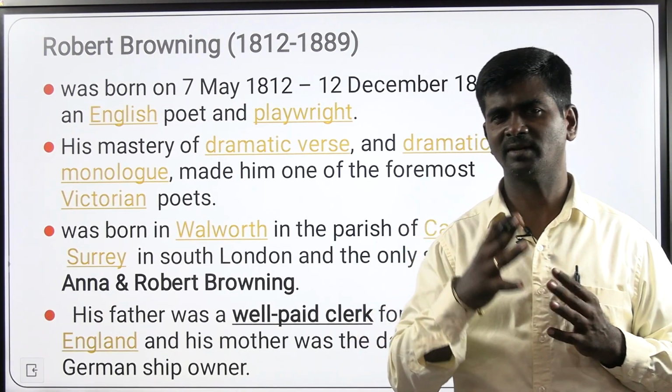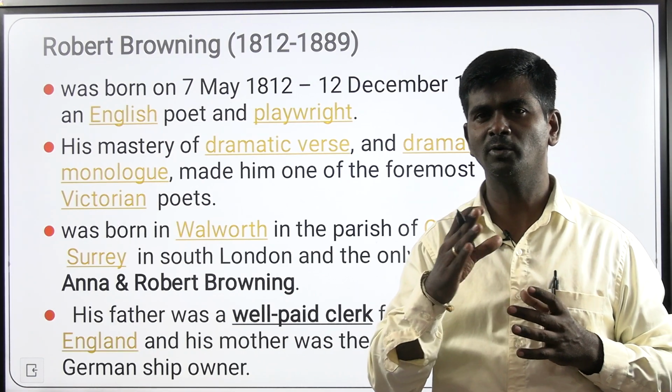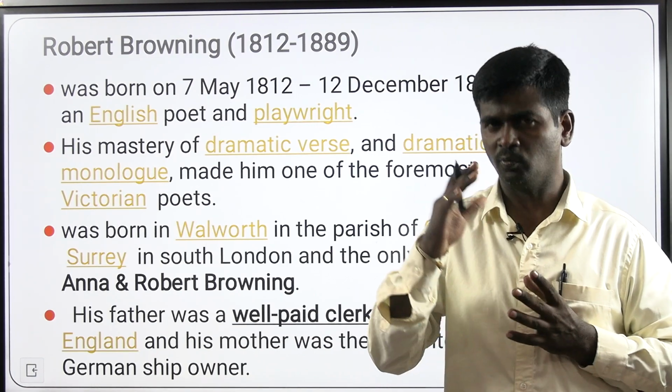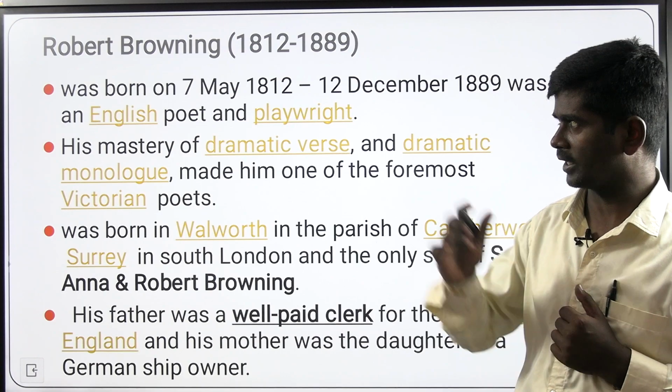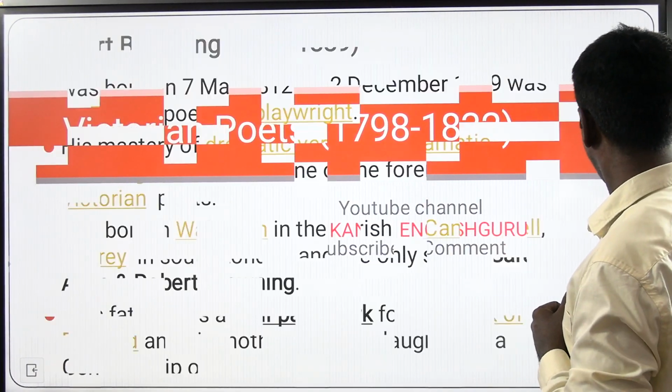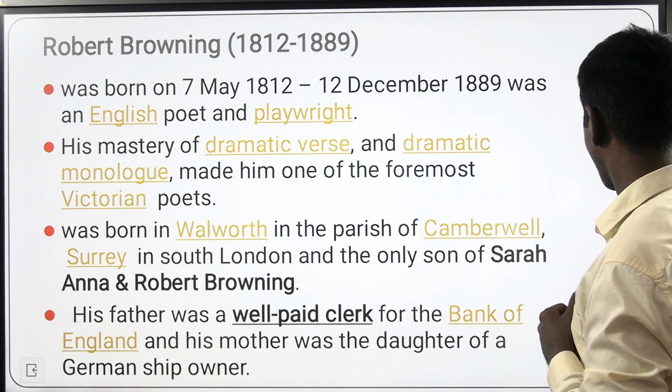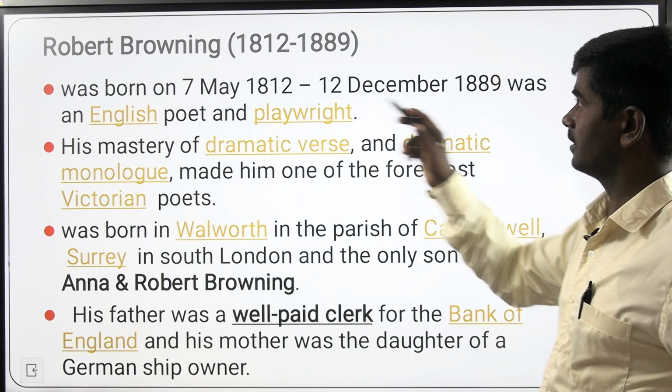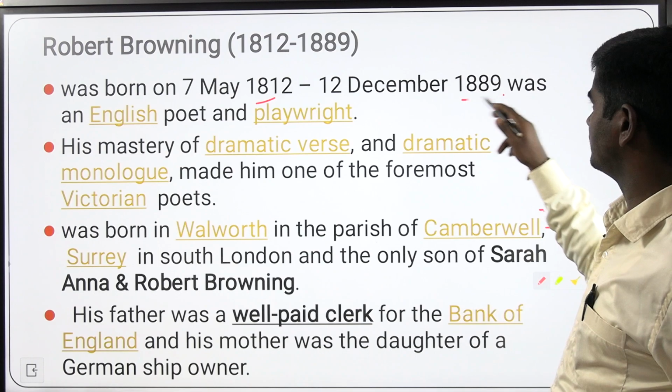As part of this Victorian period where we need to talk about 8 writers, the first writer is Robert Browning, and his age is 1812 to 1889.